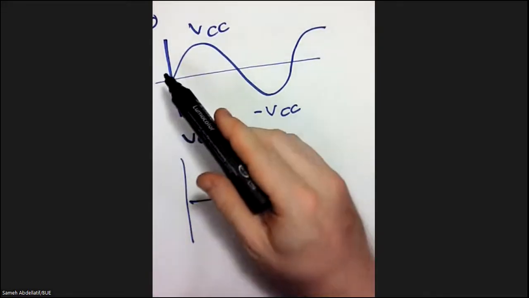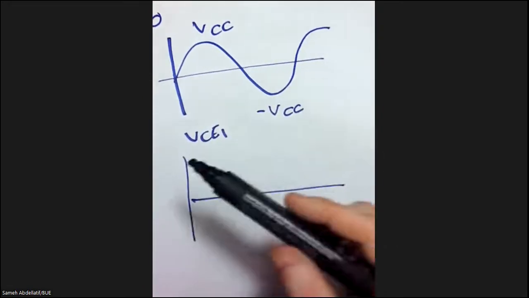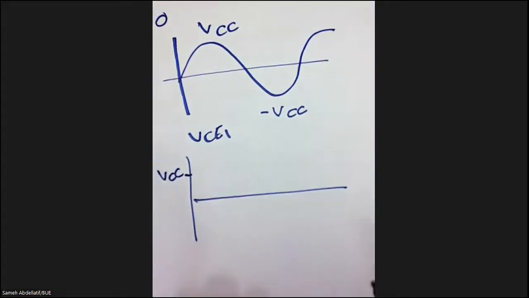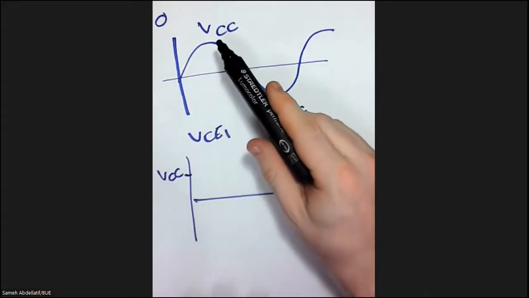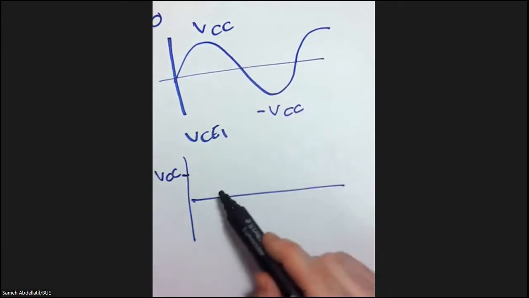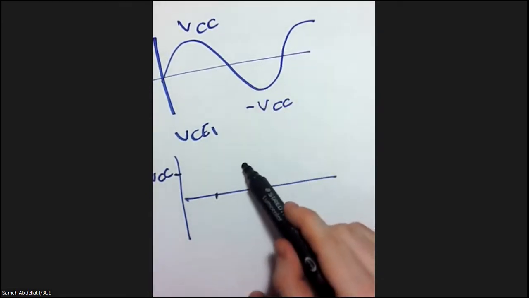So when the output is equal to 0, then VCC minus 0 is simply VCC. When the output equals VCC, then VCC minus VCC is equal to 0. Again, 0 with a VCC.